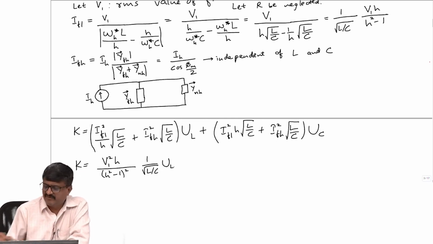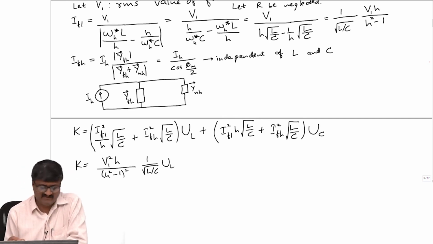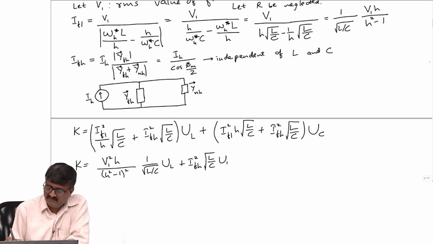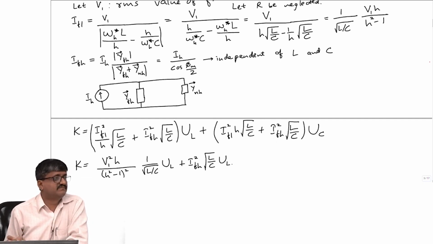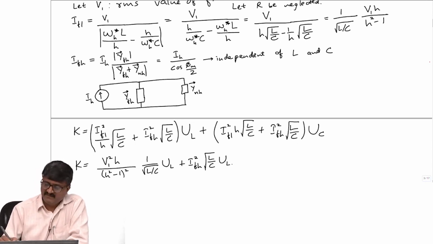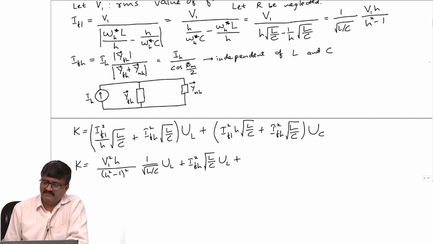The cost has 4 terms, 2 due to inductor and 2 due to capacitor. This is the first term. The second term I write as it is, because IH is independent of L and C. I am just substituting the expression for I1. Similarly, if I take the first term in the cost function of the capacitor, again substitute for I1.